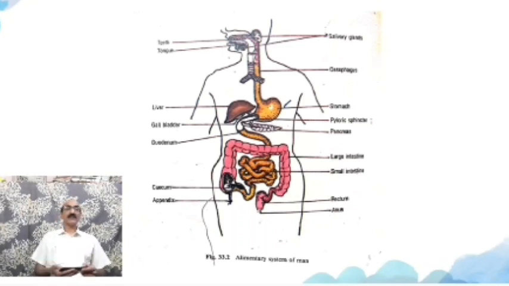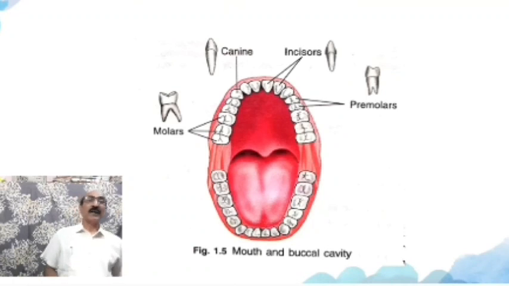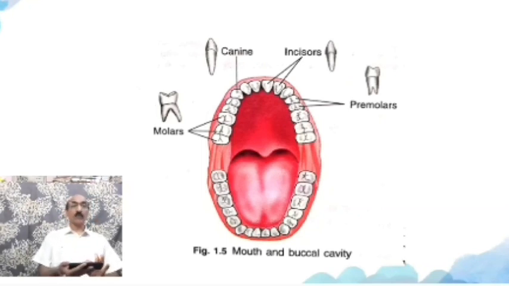Students, firstly we should discuss the buccal cavity. In the buccal cavity there are two jaws, an upper immovable jaw and a lower movable jaw.